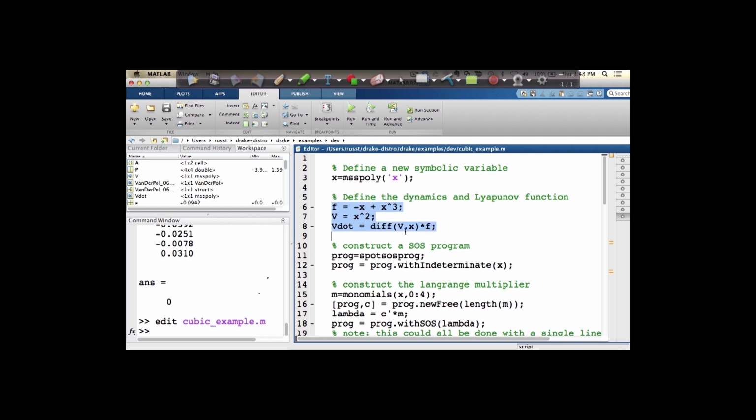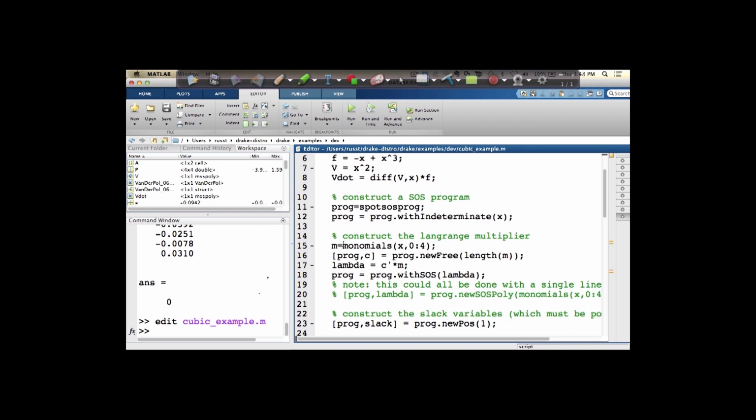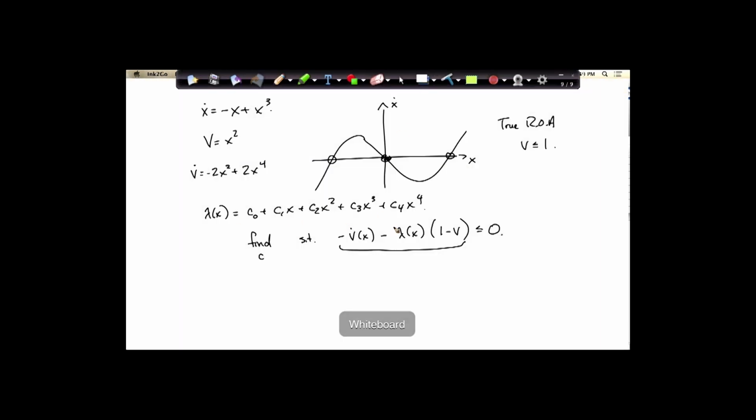I define the dynamics in terms of that, and I define my Lyapunov candidate in terms of that. Then I've got some decision variables here. They're free variables, c. I'm going to make my lambda, which is exactly what I wrote here. It's just c times some monomial vector x.